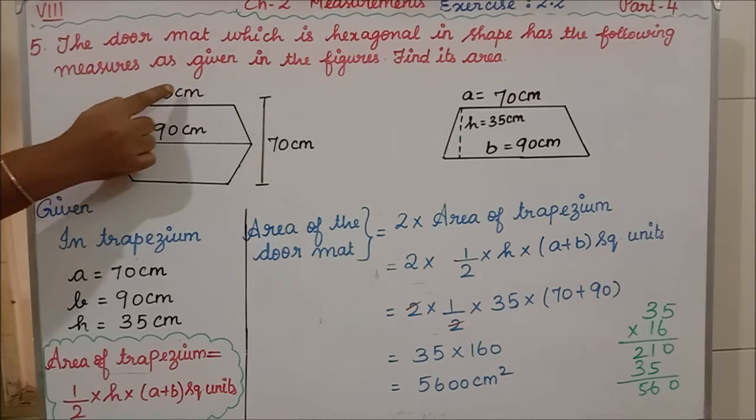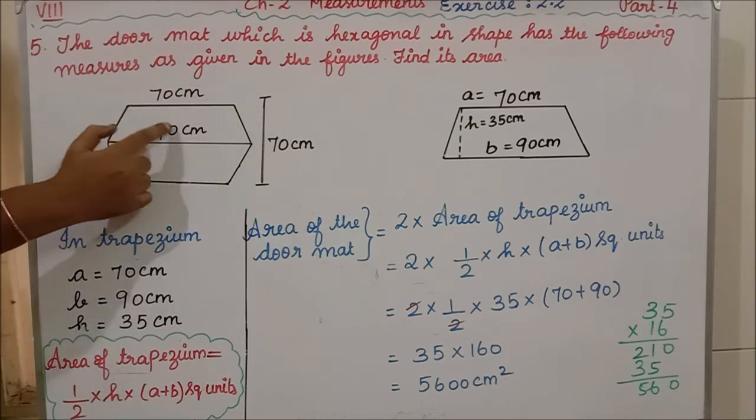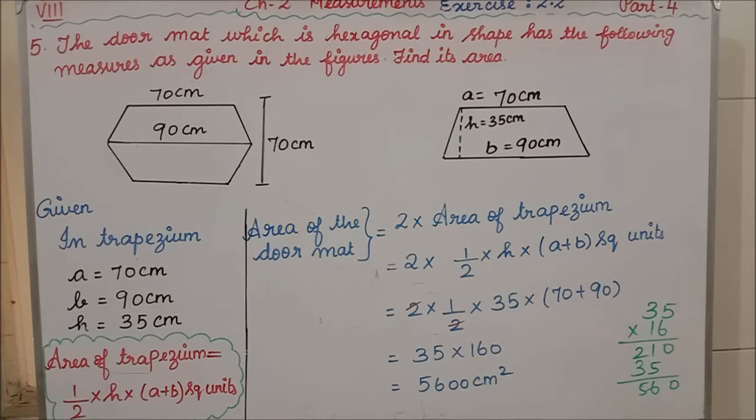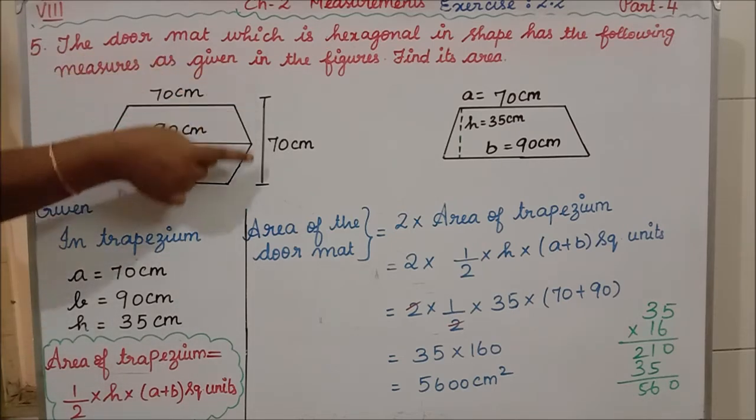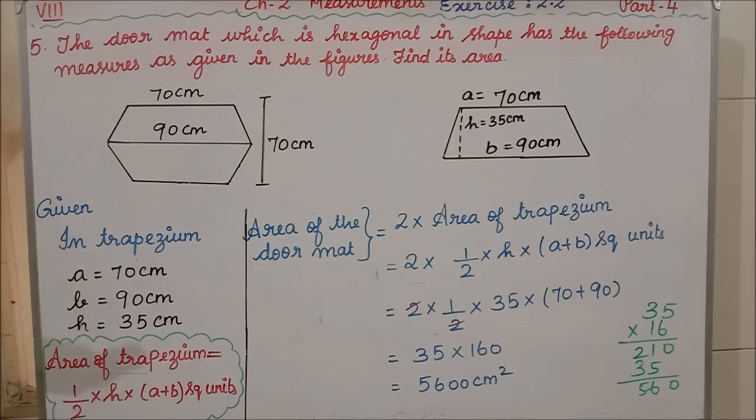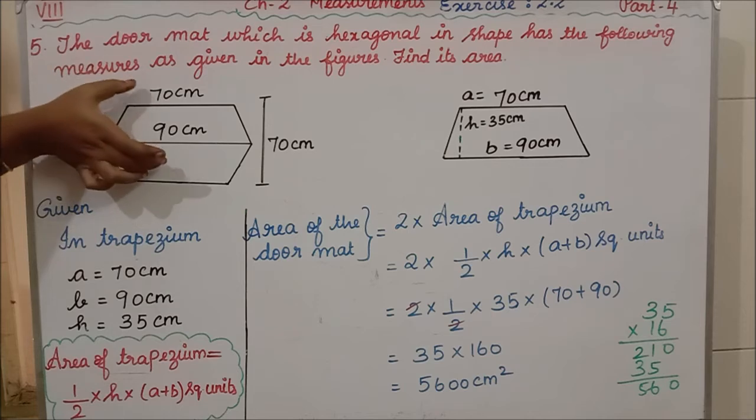Say I have taken A is 70 centimeter, B is 90 centimeter. By observing this diagram, they have given the total height, which means after combining the two trapeziums, the total height is 70 centimeter. But we need the height of one trapezium.